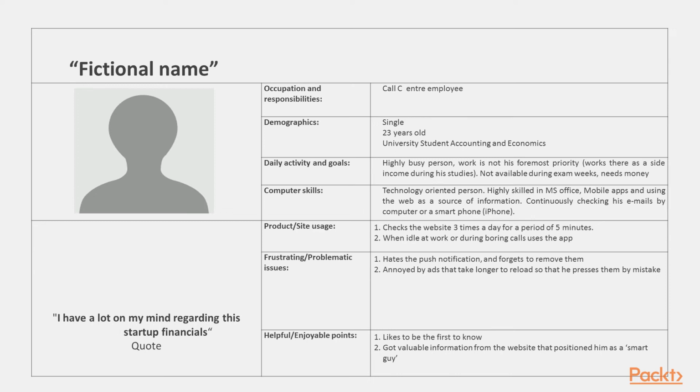It can also be yours if it already exists and is being used. The ambitions and desires of the persona. Computer skills, their physical, social, and technological environment. Frustrating, problematic issues, and helpful, enjoyable points: the positive, helpful things that help them accomplish things. It can be a product or other more physical things in their environment.